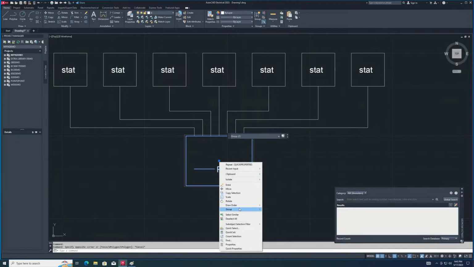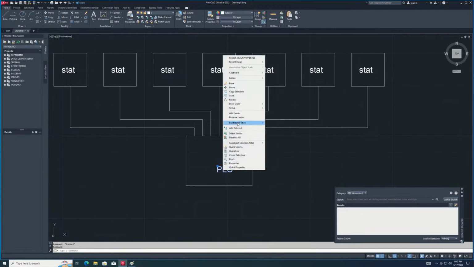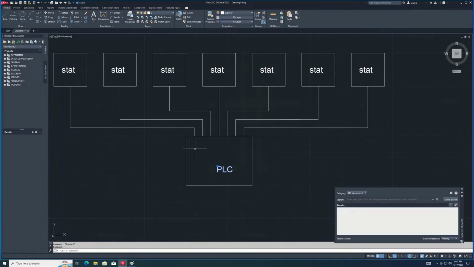And if we just ungroup these, whack on here, turn off the leader. Now centered. Okay.